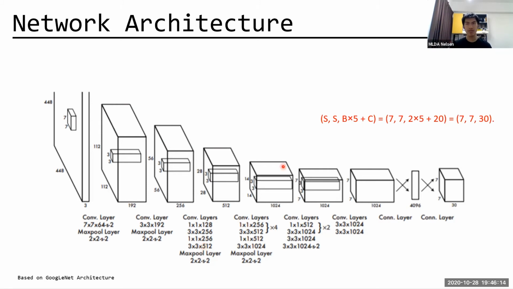Then we have 2 times 5. Remember that for each bounding box, we have 5 parameters, which are x, y, w, h, and the probability of whether there's an object at that specific bounding box. Since we have 2 bounding boxes, we have 2 times 5. So we have 10 plus 20, which gives 7, 7, 30.